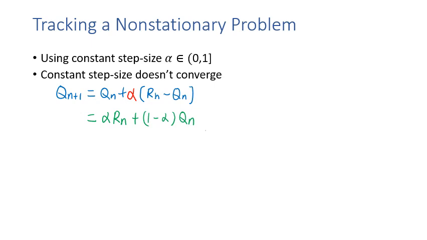And we can continue to use Qn minus 1 to represent Qn. So it's now alpha Rn minus 1 plus 1 minus alpha Qn minus 1.